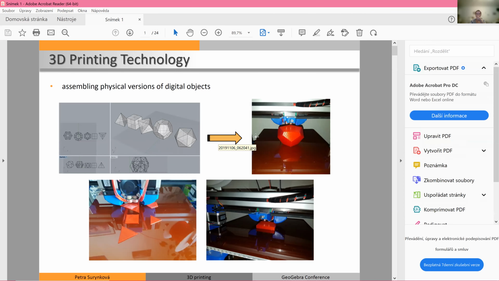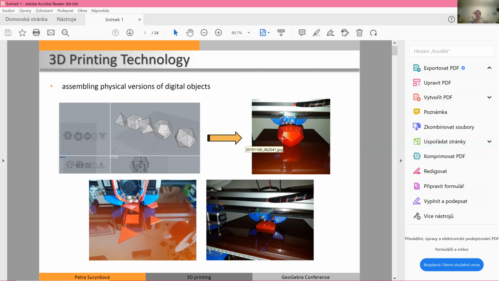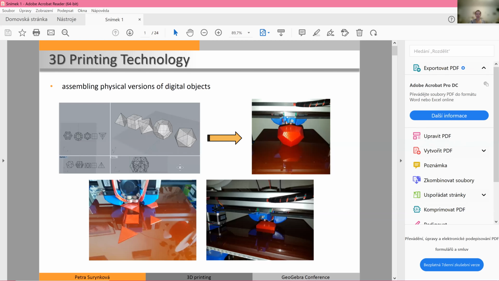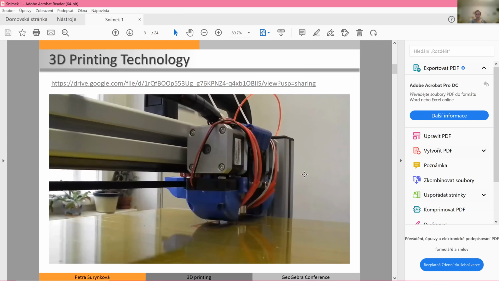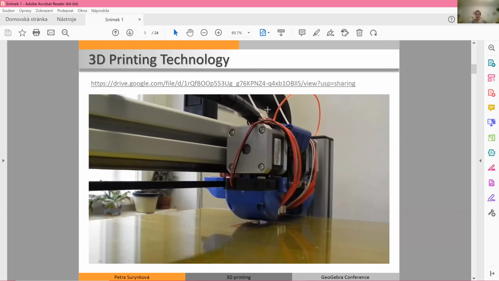Here is just an illustration of how to get from a digital model to a 3D printed physical model. On some printer, I'm using this printer, which is Felix, but there are many brands you can use. And I'm pretty sure you have already seen a 3D printer in progress, so I will skip this video.